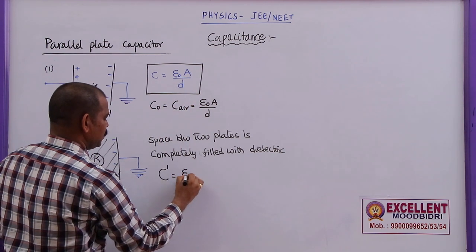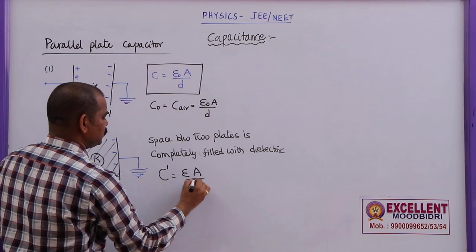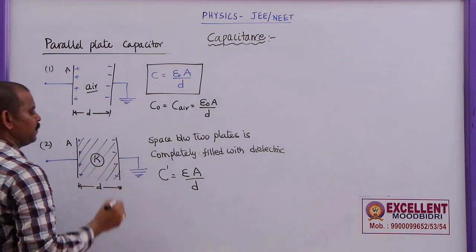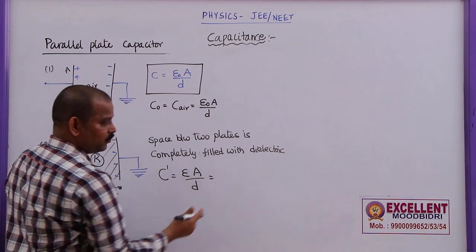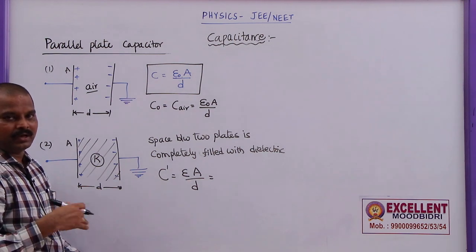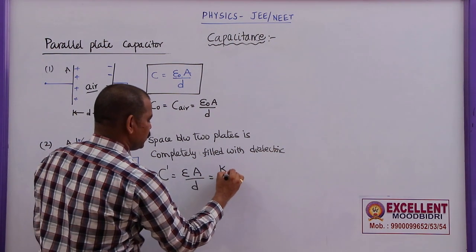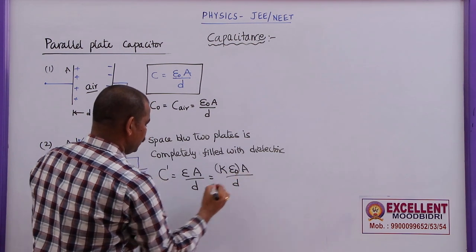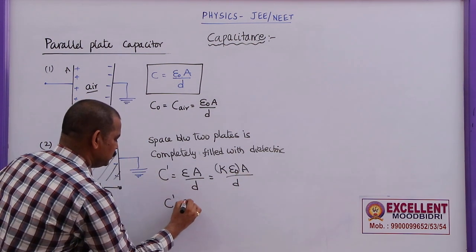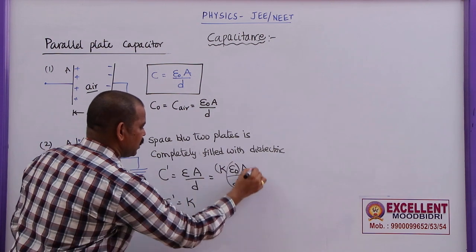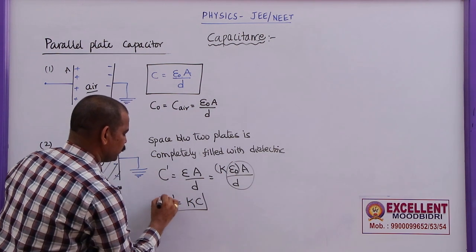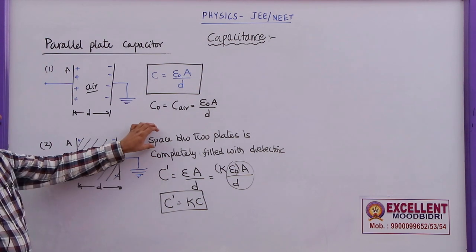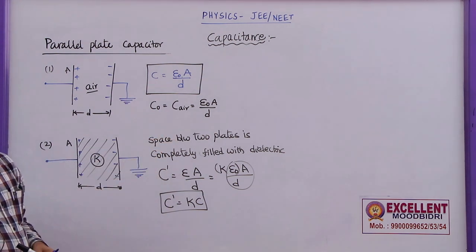Area and distance between the two plates remain as they are, because the area of this one is A, and here also it is A. So, only this will change, but we know that epsilon is equal to K times epsilon naught. So, this will become K epsilon naught A by d. So, the capacitance is given by K times epsilon naught A by d, which means C dash is equal to K C. This is when the space between the two plates is completely filled with the dielectric.